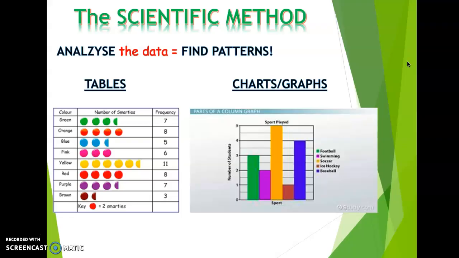Many of us would call this a bar graph, comparing different sports. Okay, you can also be making line graphs. We can be making pictograms. We could actually be making bar graphs that go from side to side. And we may be making pie graphs. So all different types of graphs and tables can be used so that we can analyze and find patterns in nature.